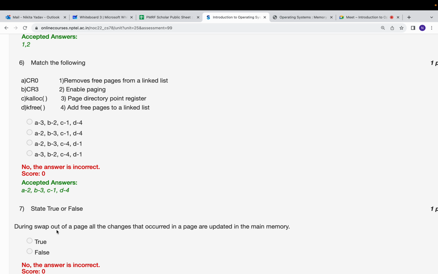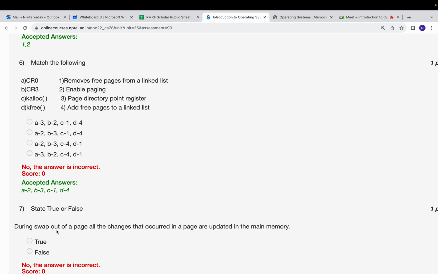A dirty page means that the content of the page was changed. Now, if the content of the page was changed and you do not save it back on the disk or the storage device, then the content will be lost, the process data will be lost.